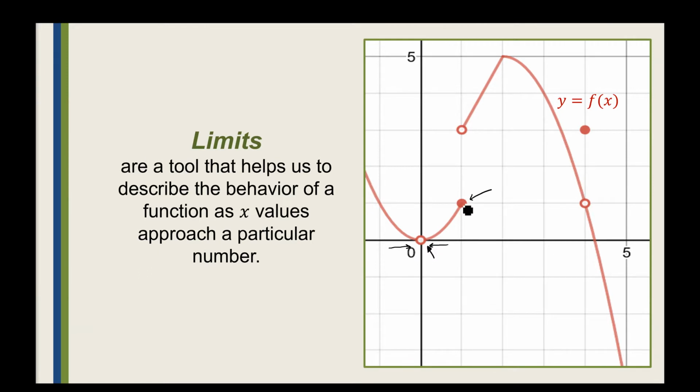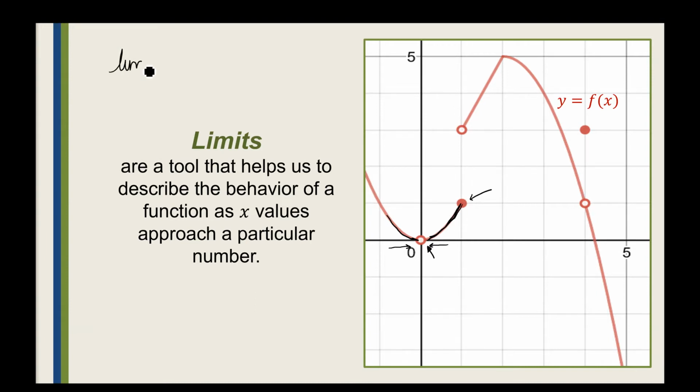And so as you follow this graph, notice that as x gets really close to 0, your y values are also getting really close to 0. So we would say that the limit as x approaches 0 of this function is also equal to 0. So the notation we would use, we would write LIM for limit.